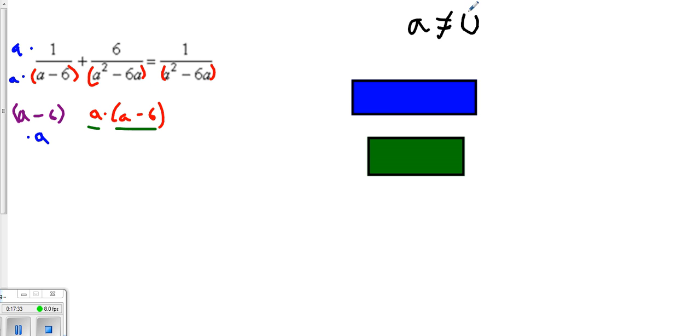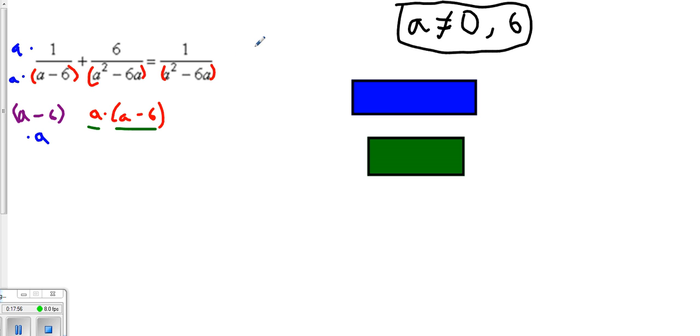So we know a can't be 0. Is there anything else a can't be? Well, let's look at this one. A minus 6. If that one were 0, a would have to be a positive 6. Because 6 minus 6 is 0. So a cannot be a 0 or a positive 6. Those are going to be our two restricted answers.